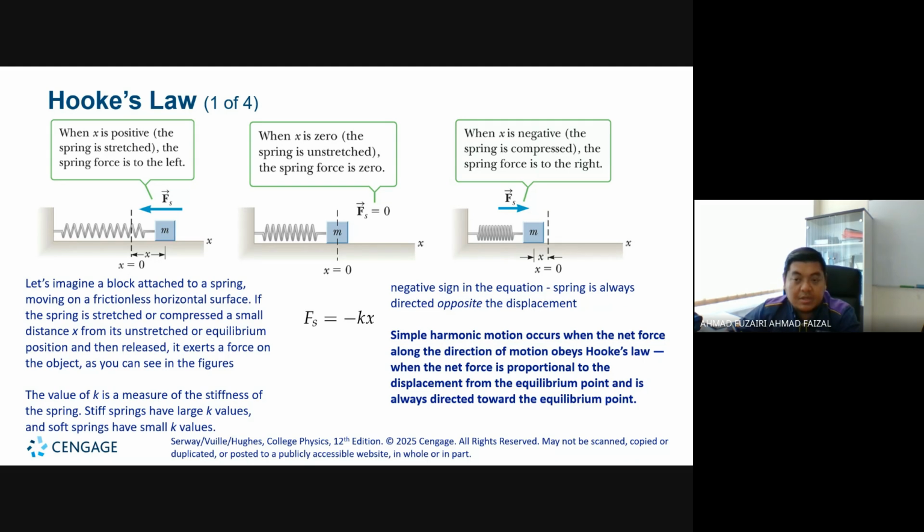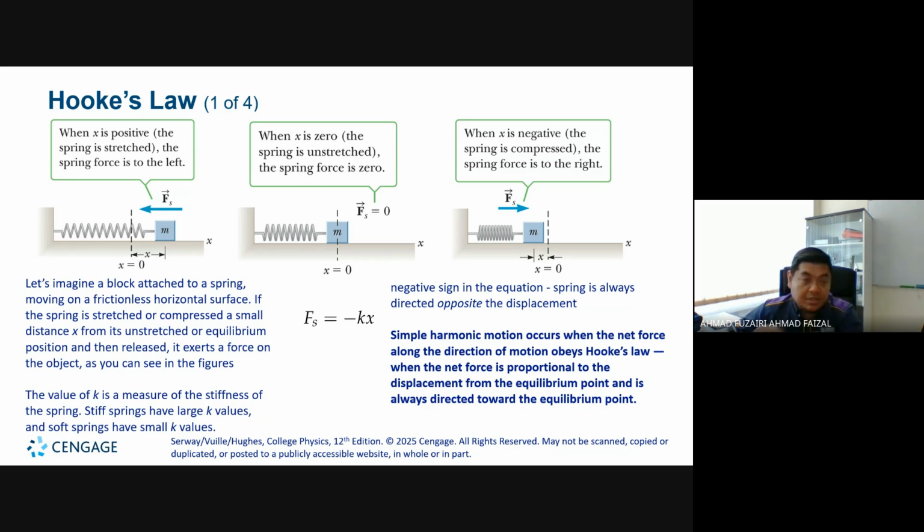This is known as Hooke's law. In this topic you will learn about a spring connected to a mass, which exerts a force given by Hooke's law, F equals negative kx.